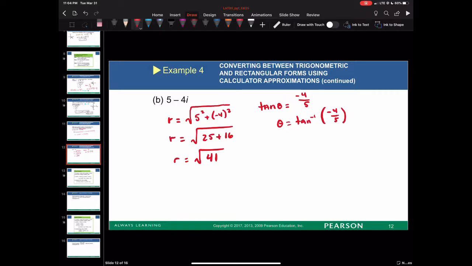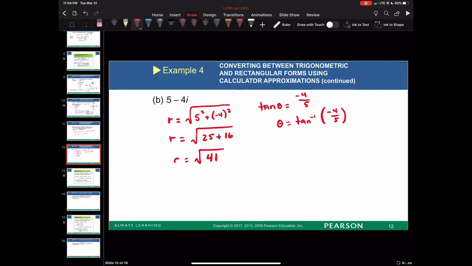So let's put it in the calculator. If we do second tangent, which is going to give us tan inverse, and we did negative 4 over 5, it's going to give you negative 38.66.